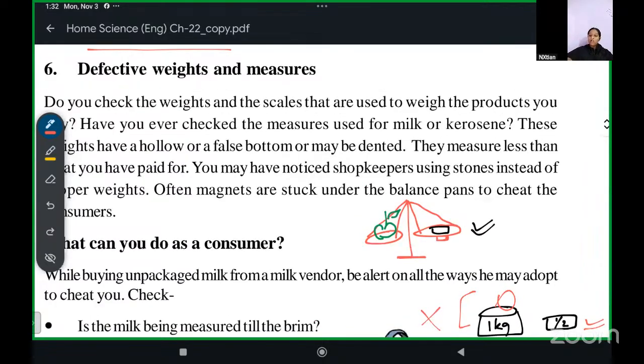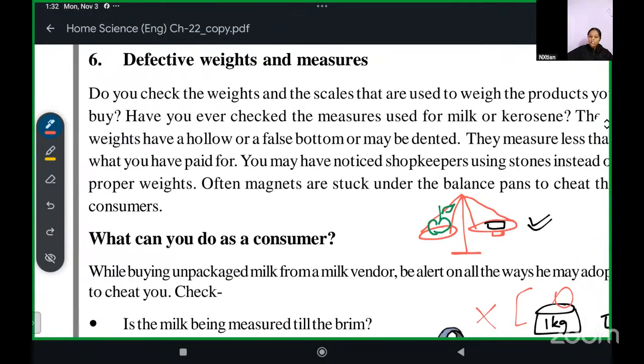Also, when buying milk or kerosene, they have this tumbler in which they measure it. Sometimes it is dented from the bottom or from the side.